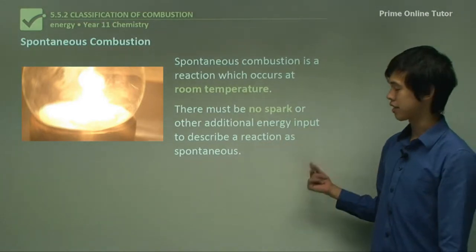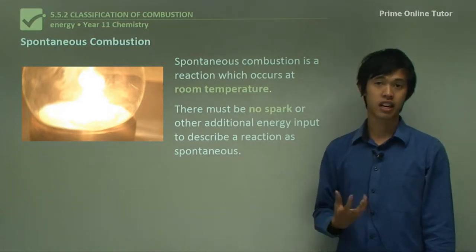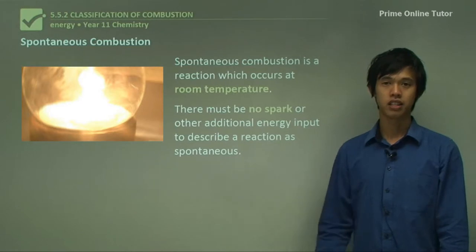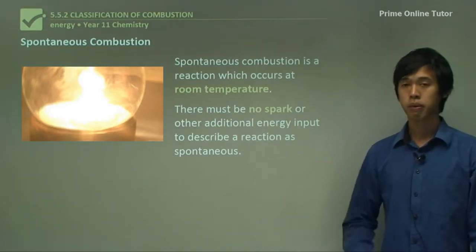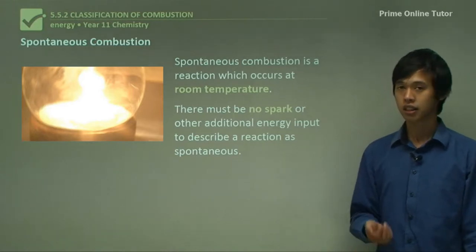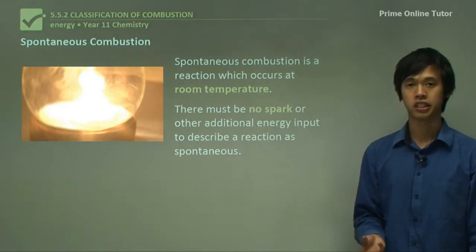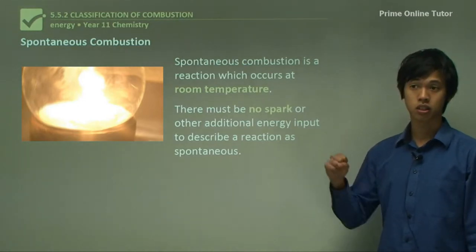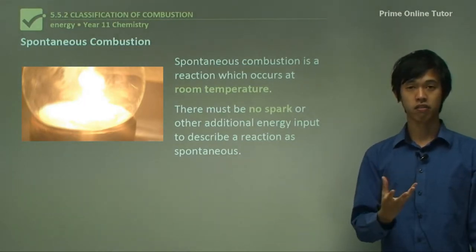For instance, petrol I can light on fire at room temperature, right? I can get a spark and light this petrol on fire. But that spark is adding extra energy to the reaction. A spontaneous combustion reaction will just instantly ignite at room temperature.